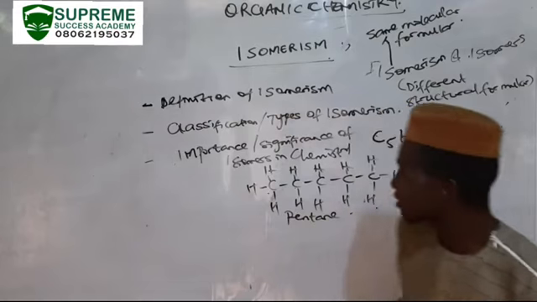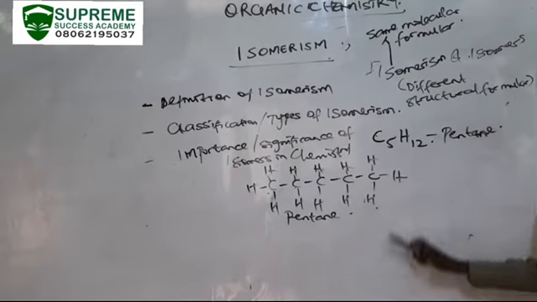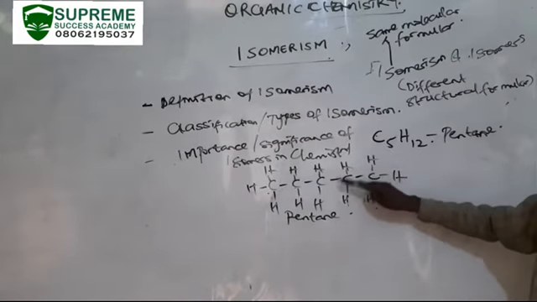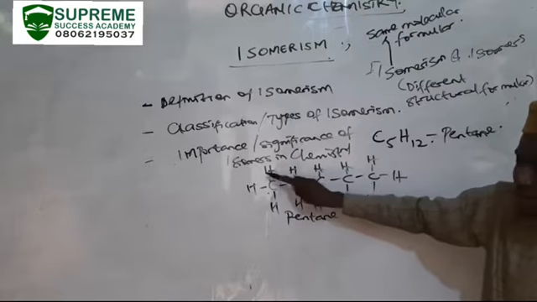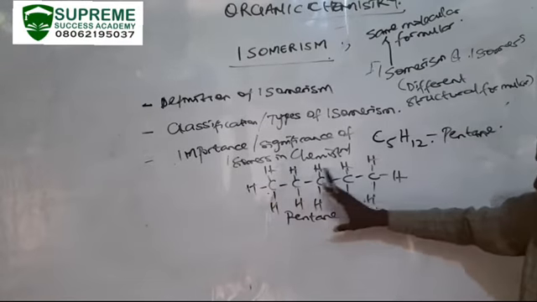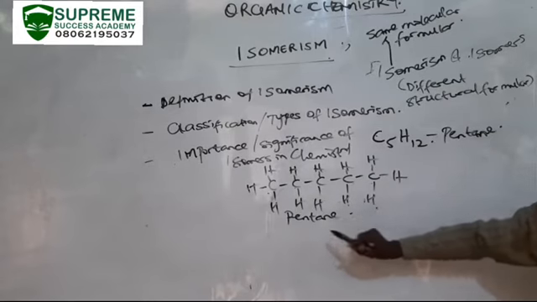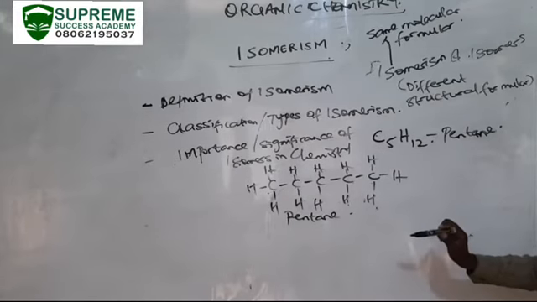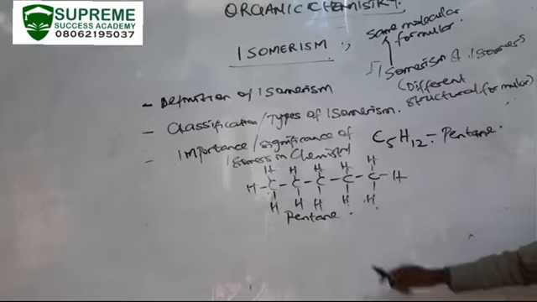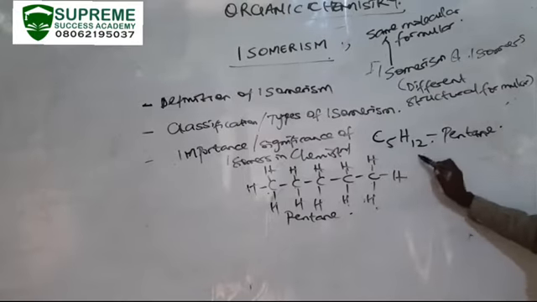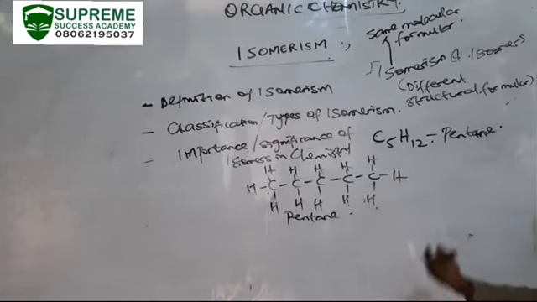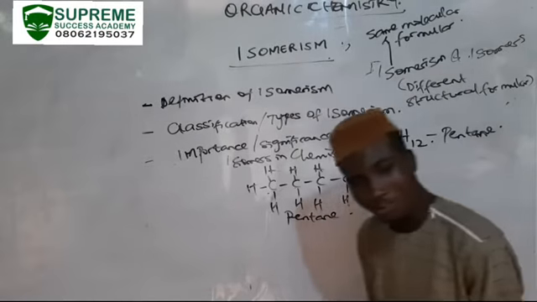And how many hydrogens? 1, 2, 3, 4, 5, 6, 7, 8, 9, 10, 11, 12. This is a straight chain formula for a compound that has 5 carbon. However, this compound with 5 carbon and 12 hydrogen can also have different structures.